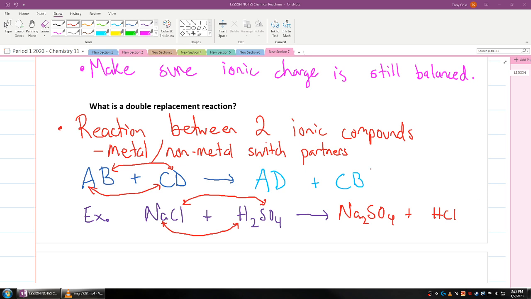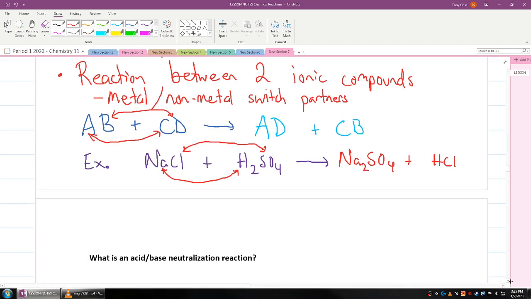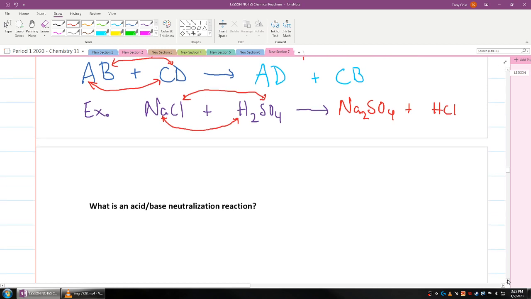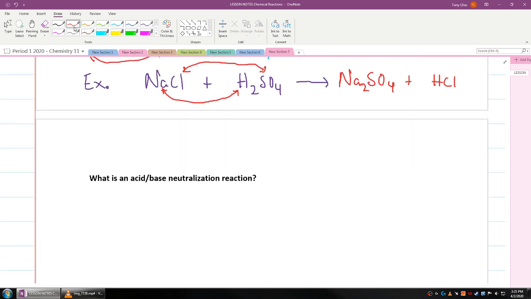Now, a double replacement can have a special type, which we call an acid-base neutralization reaction. So this is a type of double replacement. I'll write DR as double replacement.